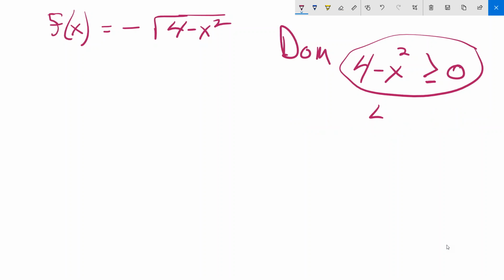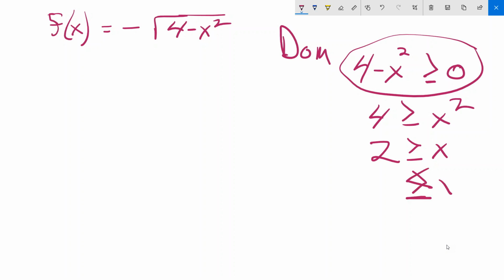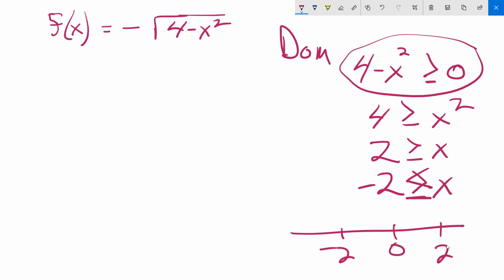So we get 4 is greater than or equal to x squared. And now you get x is less than or equal to 2. But it also has to be greater than or equal to minus 2. So when x is between minus 2 and 2, you're fine.